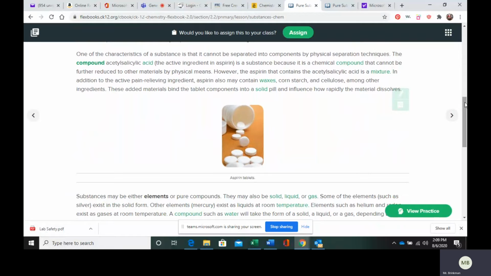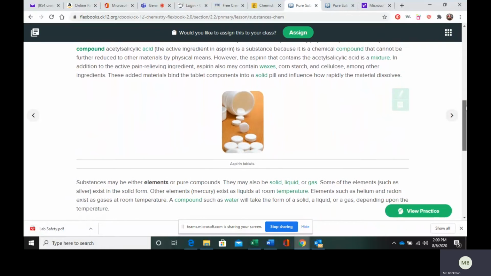This is the active ingredient in aspirin called acetylsalicylic acid. Don't worry, you won't have to know how to say that. Okay, so acetylsalicylic acid is going to be a substance. You cannot break it down into anything smaller by physical means.